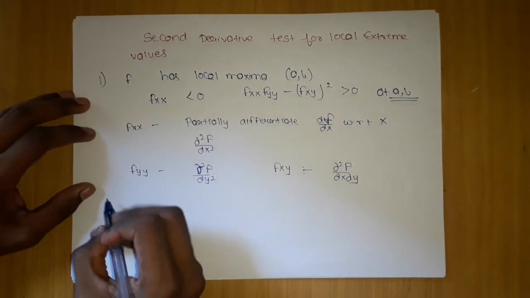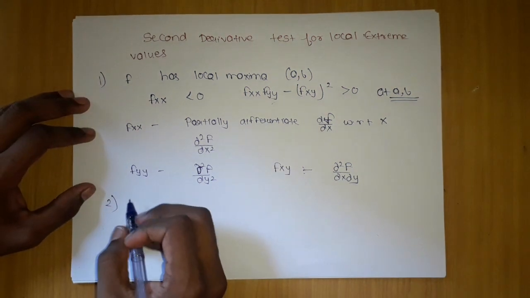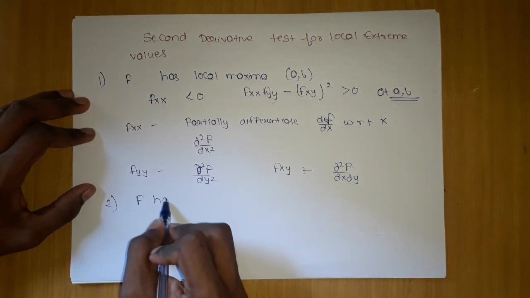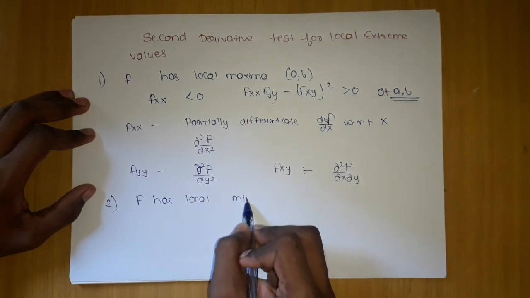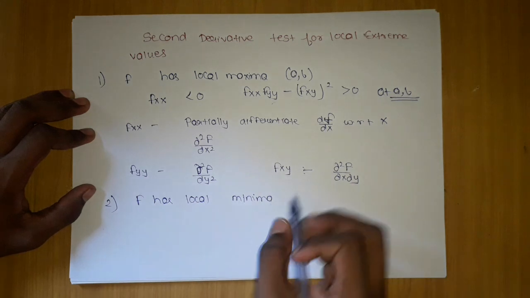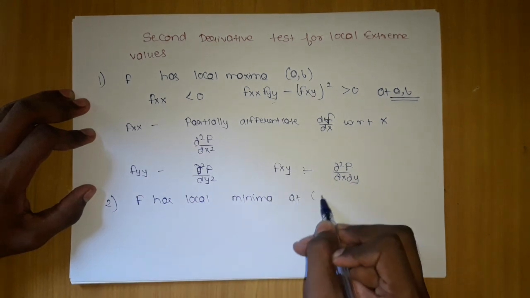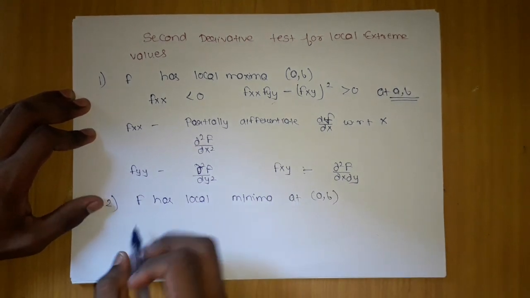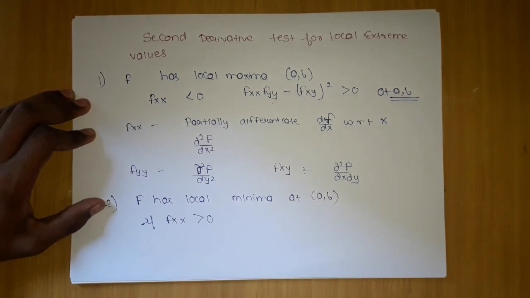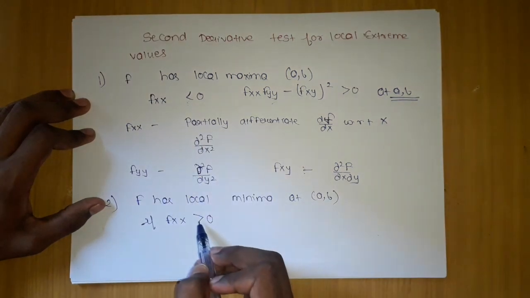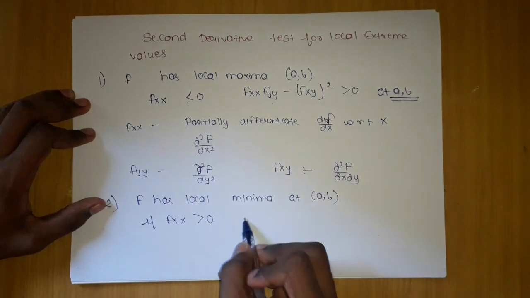After doing this, what will be the second case? f has local minima at (a, b) if f double x is greater than 0. Here it is not less than 0, here it is greater than 0, so you should keep this in mind.